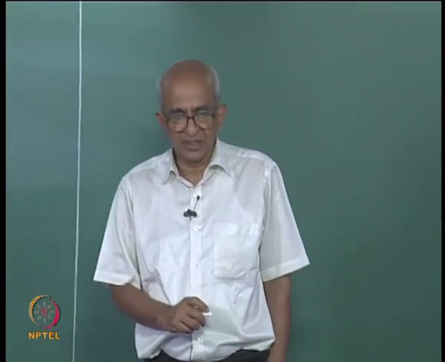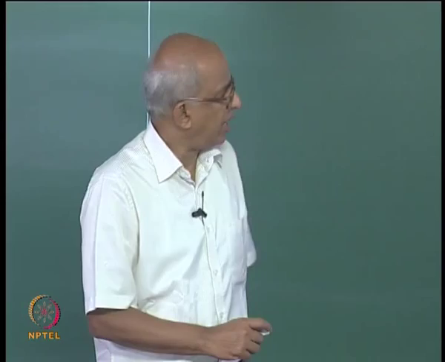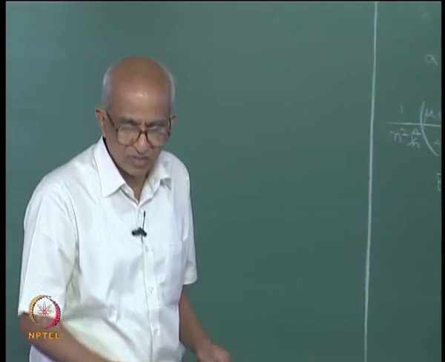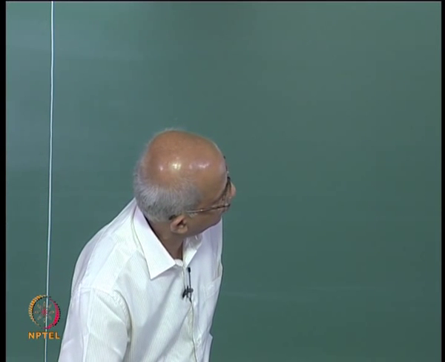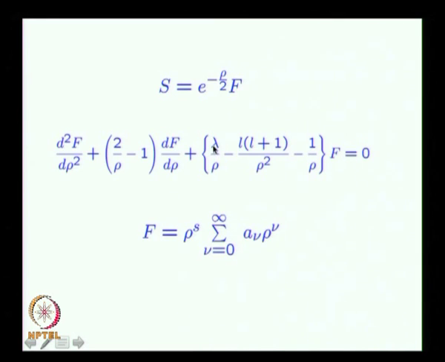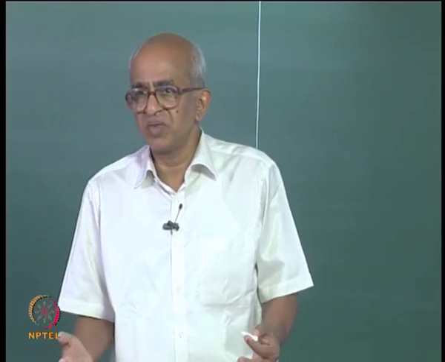And not only that, when lambda is equal to n, you look at this equation which I have shown on the board. When lambda is equal to n, you can replace this lambda with n, and it so happens that this equation again is very well known to the mathematicians.